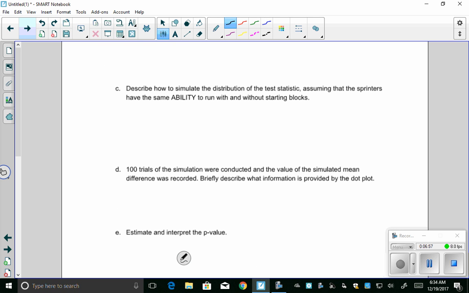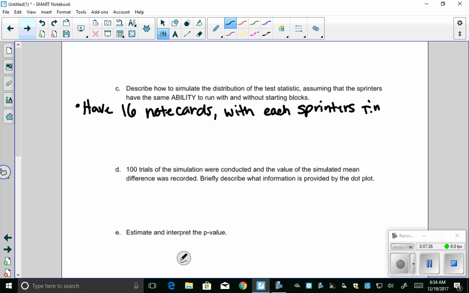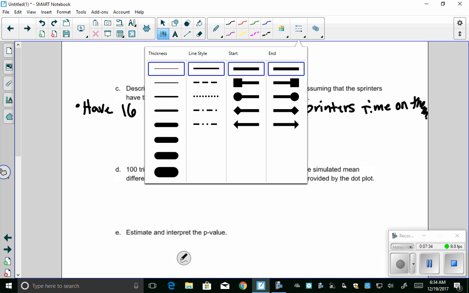C. Describe how to simulate the distribution of the test statistic. Okay? Have 16 note cards with each sprinter's time on them. I need to change this smaller.